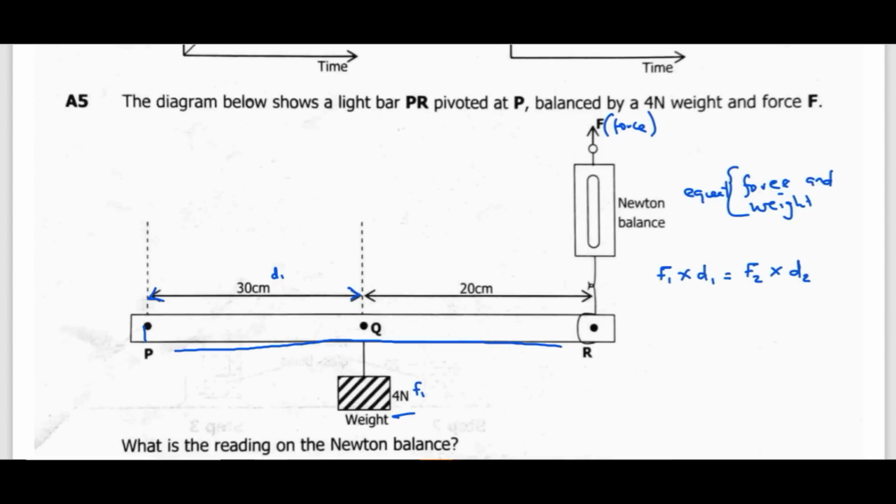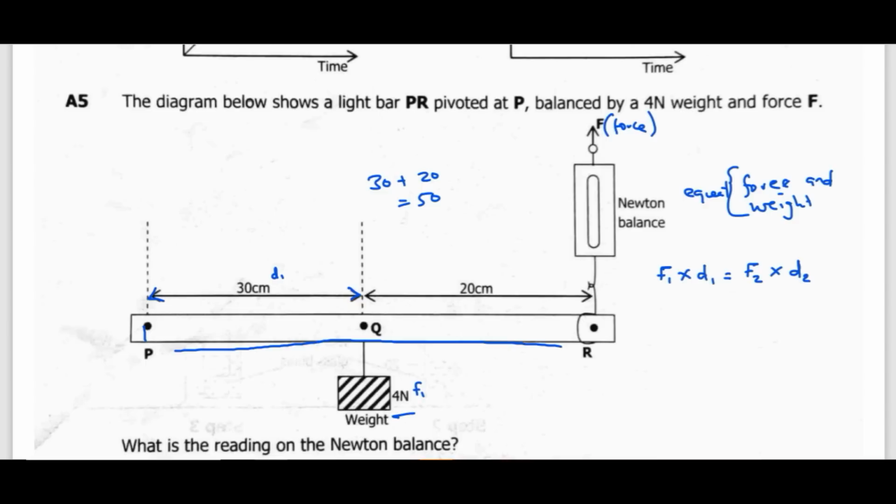And then force 2 is what we are looking for. Here we're going to find the distance 2 for the balance of this diagram. For distance 2, we're going to add 30 plus 20, so we're going to have 50 there.